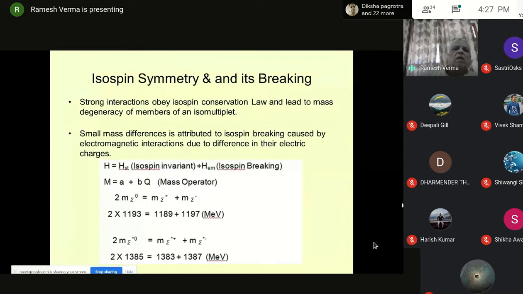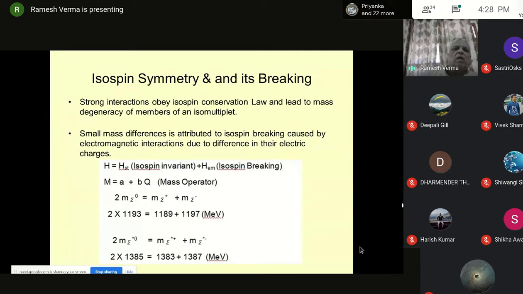So that was the beauty. Even without knowing the exact nature of strong interaction, we are able to exploit isospin symmetry and its breaking to make lots of predictions which actually come out to be all right.